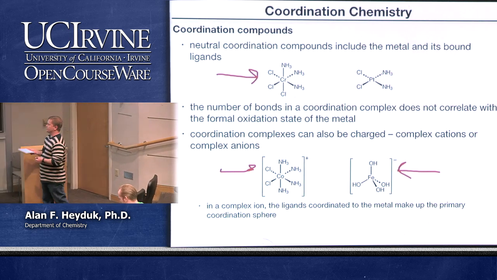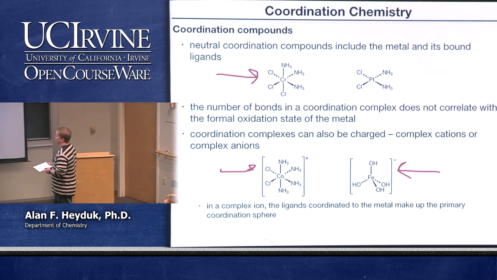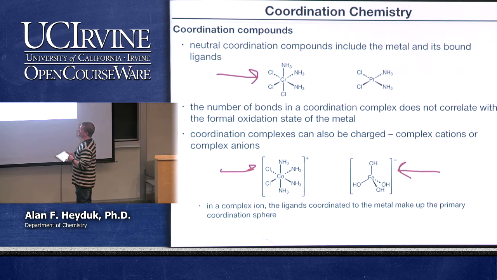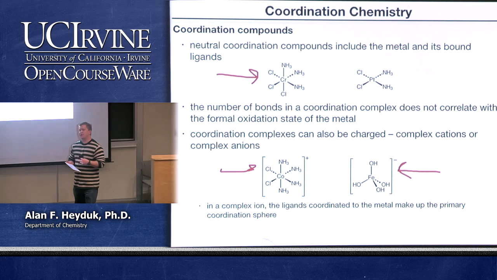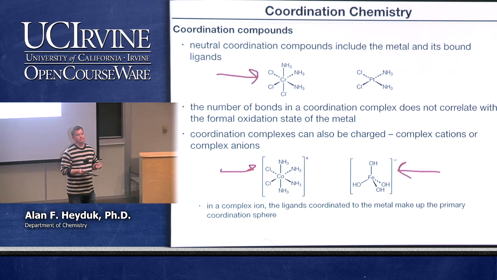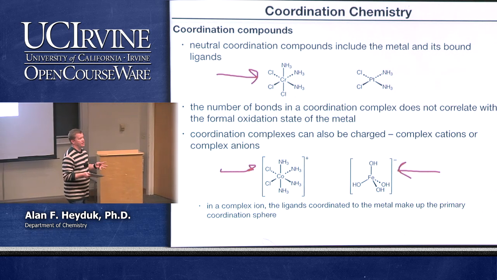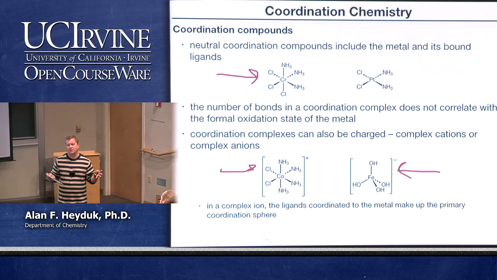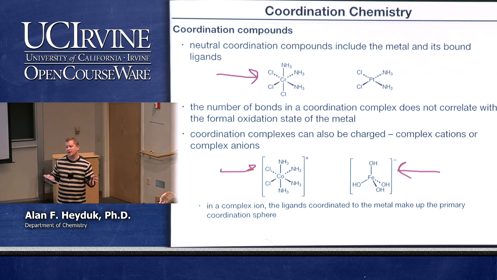When we're talking about these sort of complex ions, the ligands that are directly bonded to the transition metal make up what we call the primary coordination sphere. That primary coordination sphere, the one that defines the geometry around the metal center, is what controls its electronics and, in general, its reactivity.